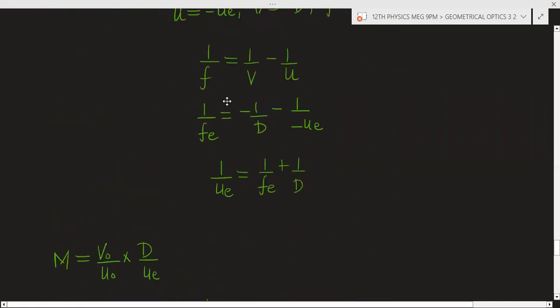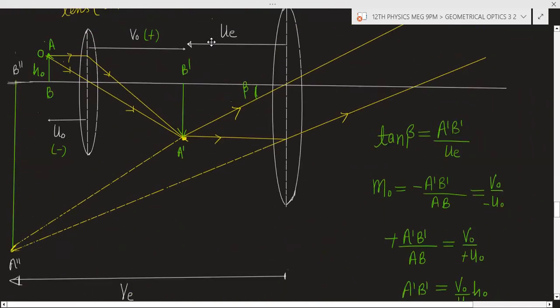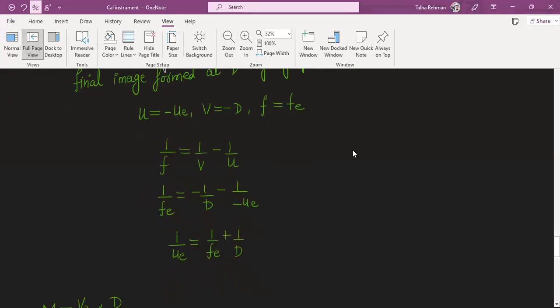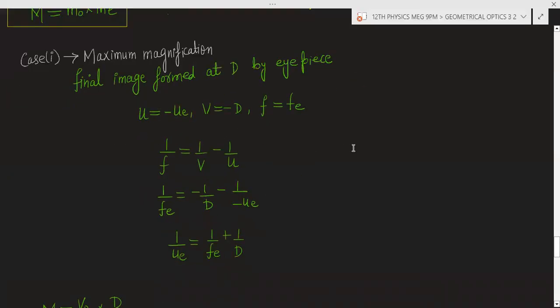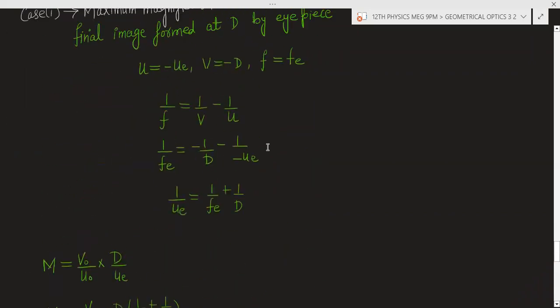So you have to remember, for the maximum magnification, the final image is formed at D distance by the eyepiece. For the normal adjustment, the final image is formed at infinity. Please take the screenshot now.